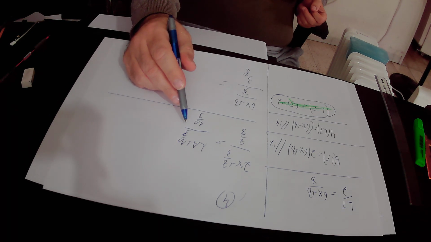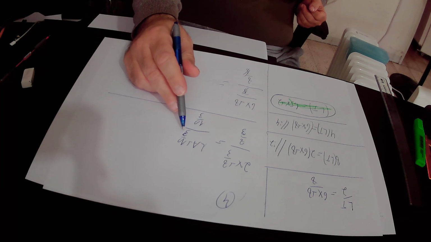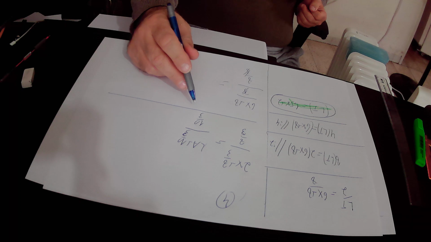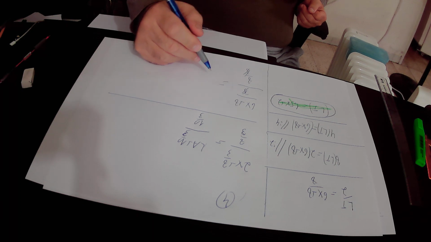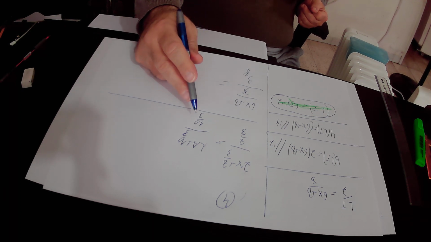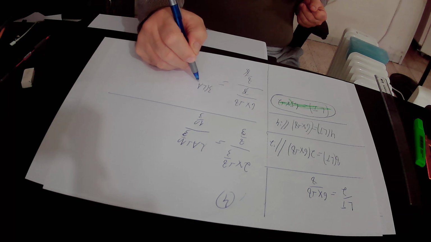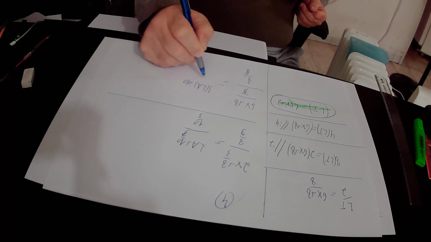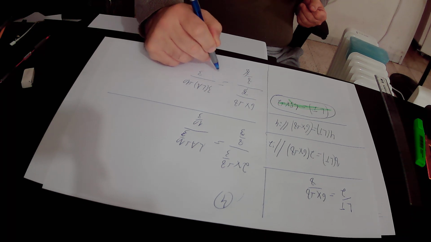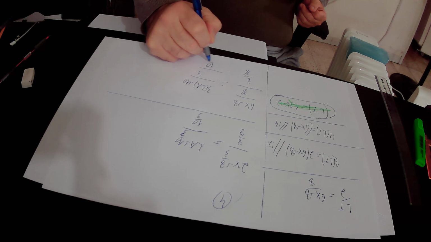We multiply LA by 3 and then divide by 3 in order to have a common factor with 10 over 3. And we get that LA times 3 is 3LA, so in total in the numerator we will have 3LA plus 10, divided by 3, and all divided by 10 over 3.